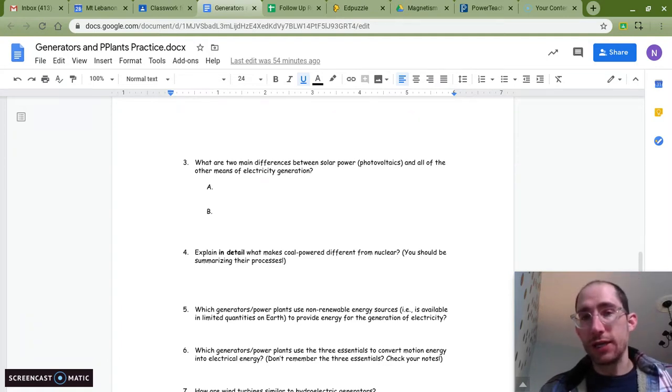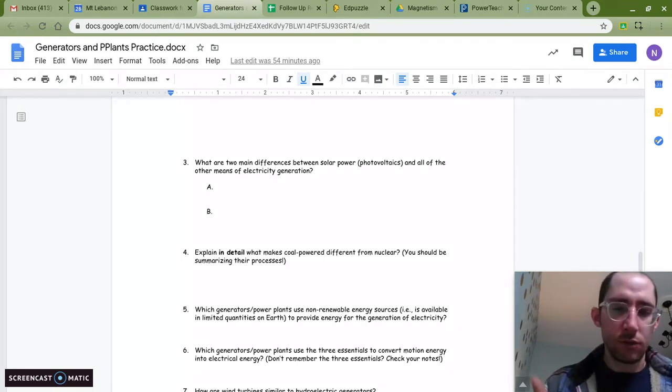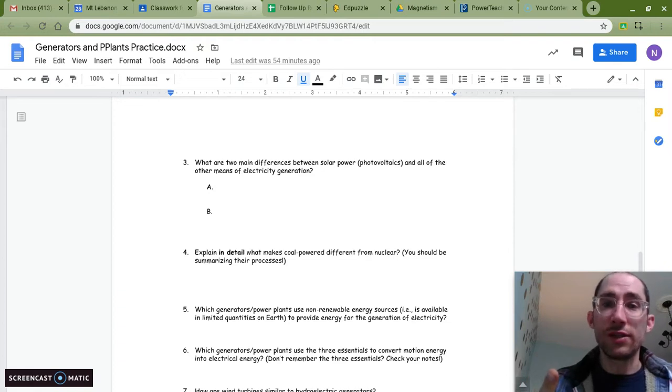Solar photovoltaics converts light energy directly into electrical energy. Clearly, none of the others do that. Okay. Two main differences. One, it's the only one that doesn't have a generator or a turbine. Two, it's the only one that involves a direct conversion of energy from light into electricity.